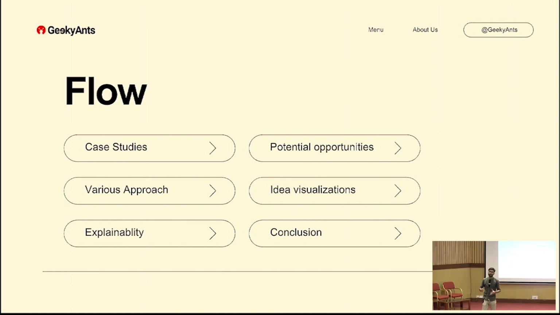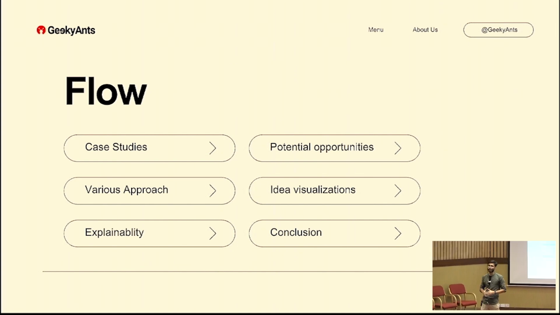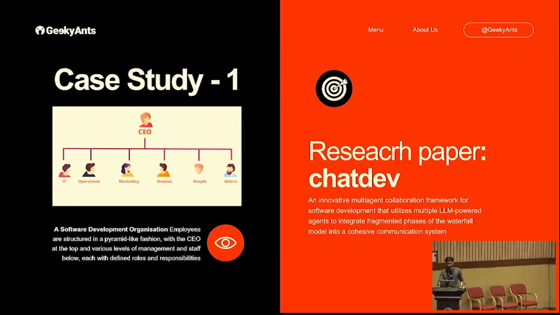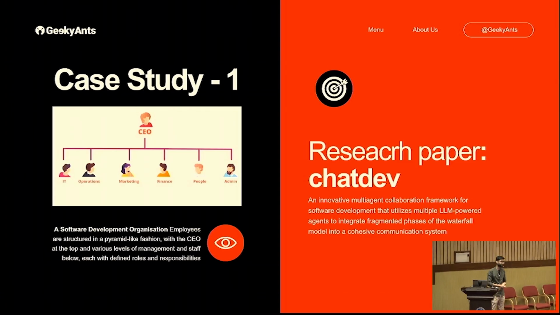Then we have the explainability, which is a very crucial and important concept. And after that, we have the conclusion of the entire talk. This entire talk won't be in the same sequence, but still it's going to cover a lot of things. Okay. After the flow, let's start with the first case study.